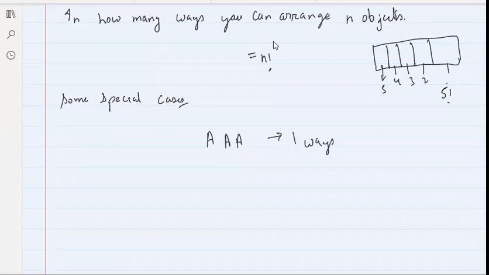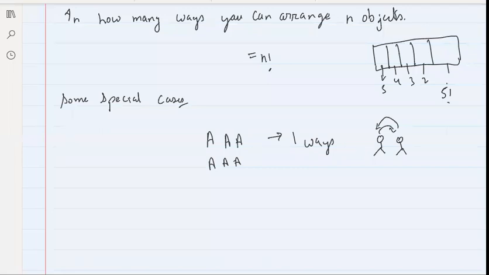Think about it now. All the three are same A. So if you change the position, will the arrangement change? Just think logically. Suppose we have a clone of Yashash, and if they both change their position, will the arrangement change? No, right?